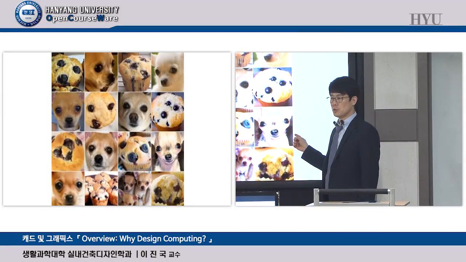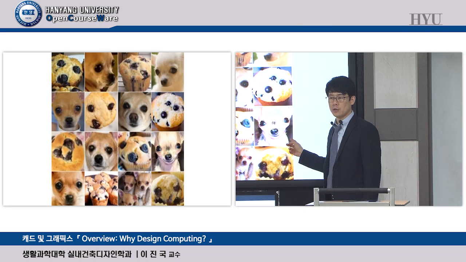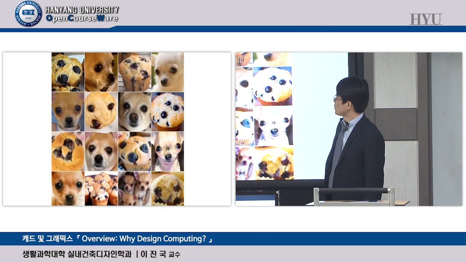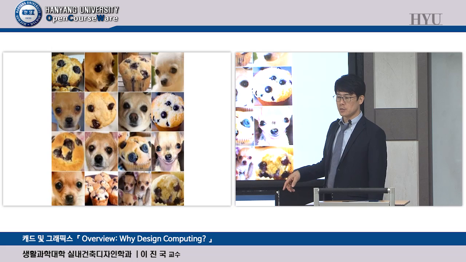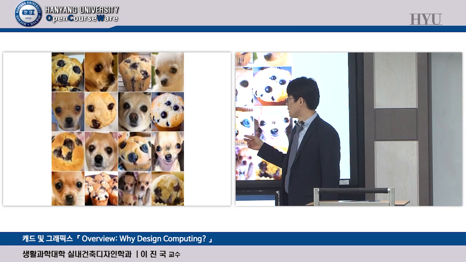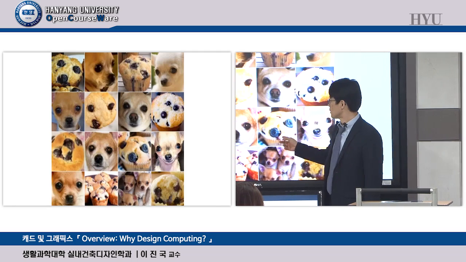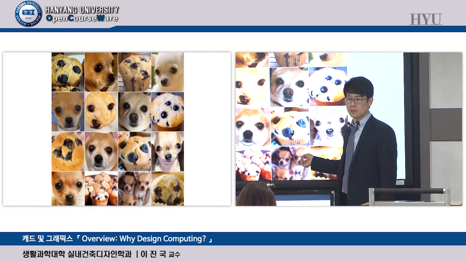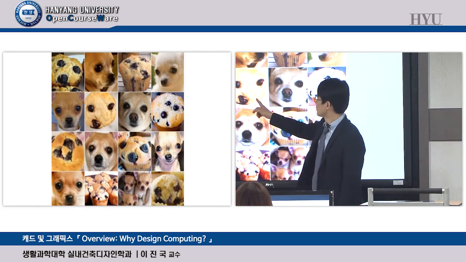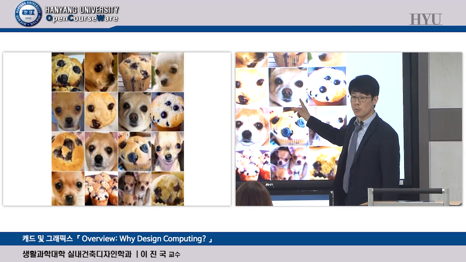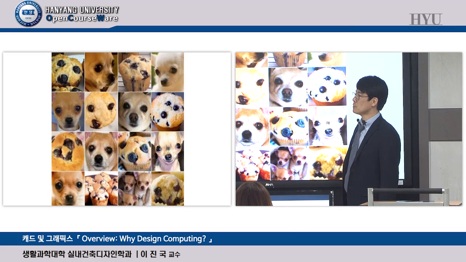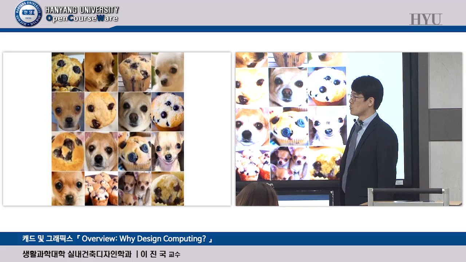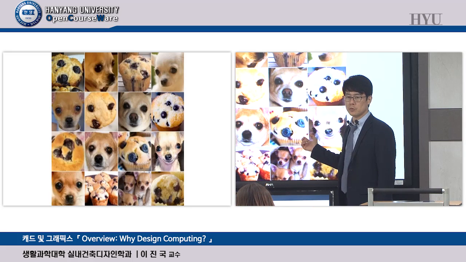Actually, I brought this picture for fun. You may recognize which one is the puppy's face and which one is the muffin, right? This one, muffin, this one, a puppy. So who taught you?